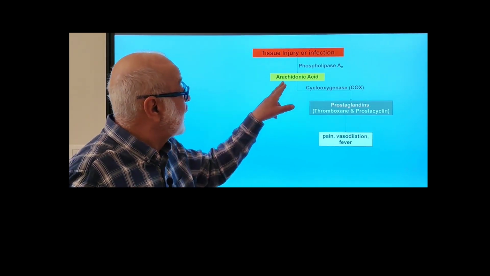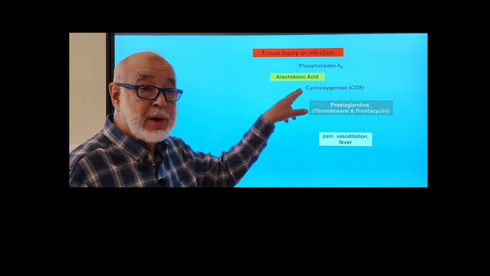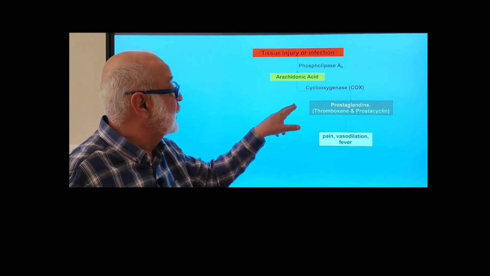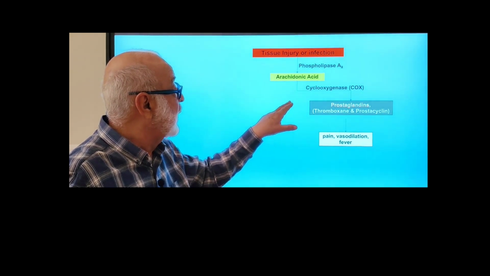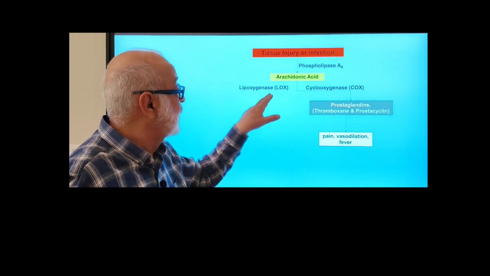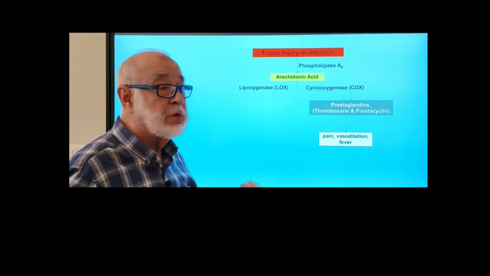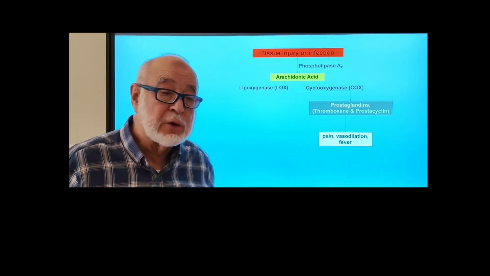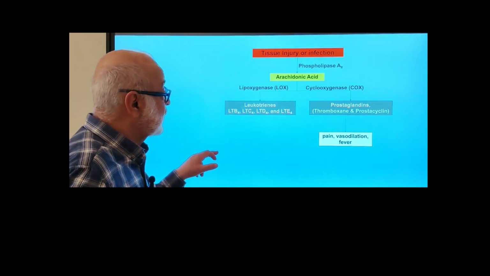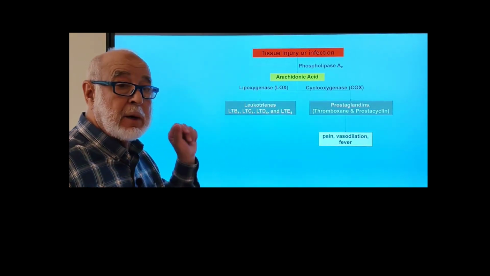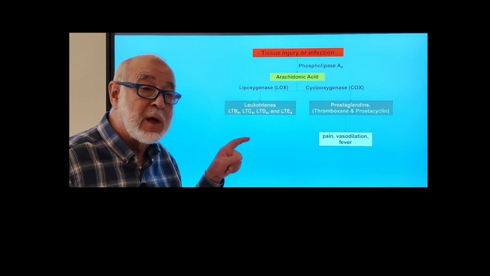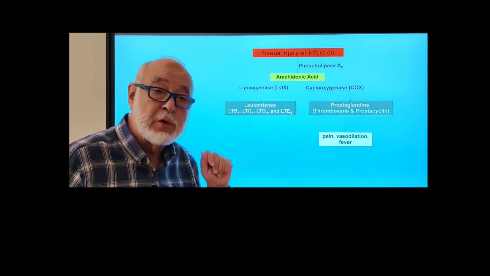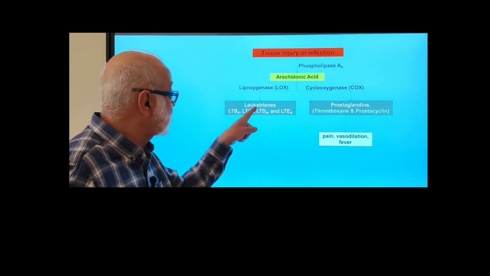The other pathway, arachidonic acid, once it becomes free due to tissue injury or infection, it will be acted upon by another enzyme, lipoxygenase. It will lead to the formation of another inflammatory mediators known as leukotrienes.